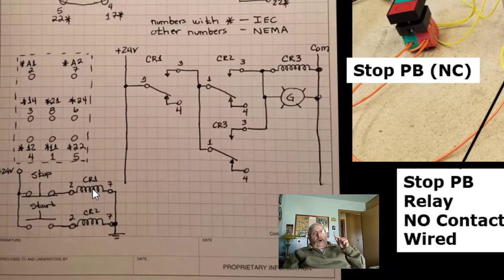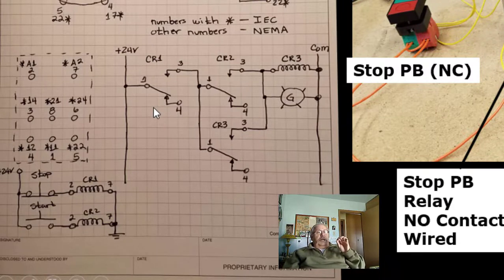So the normally open contact, which in this case is between pin 1 and 3, are actually going to be closed. So this relay contact is shown in its normal position, which means that I wired the normally open contacts, knowing that the coil was going to be energized.